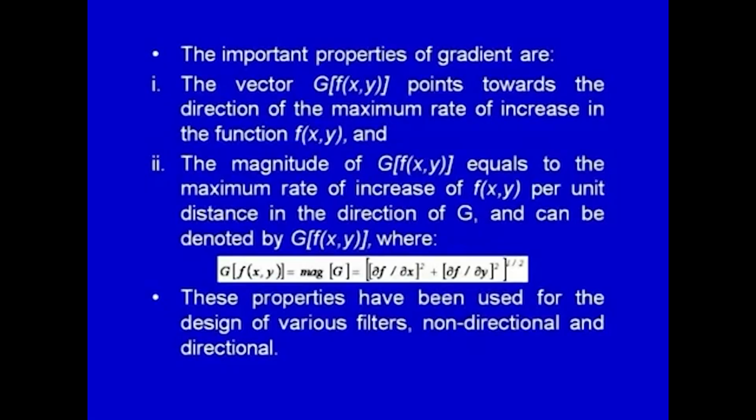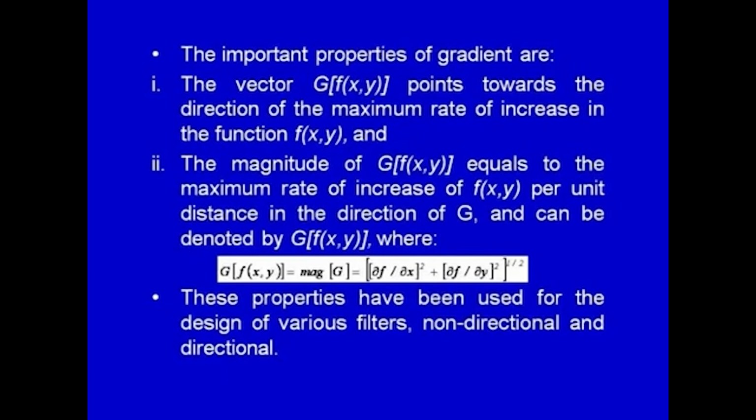The important properties of the gradient are: first, the vector g points towards the direction of maximum rate of increase of the function f(x, y), and the magnitude of the gradient equals the maximum rate of increase of the function per unit distance in the direction of g.